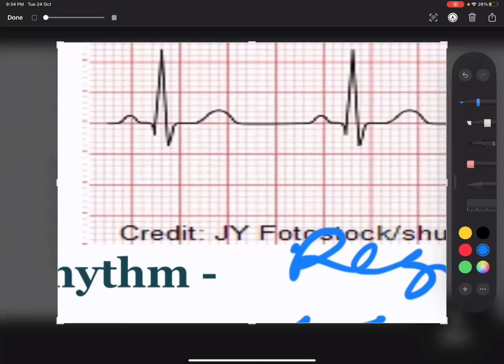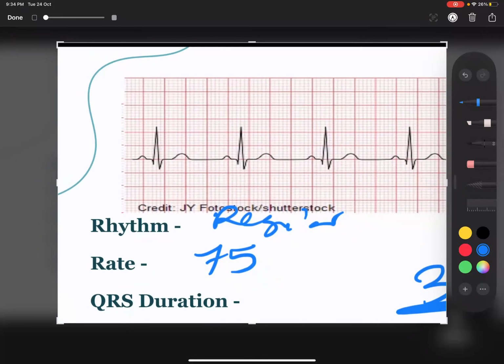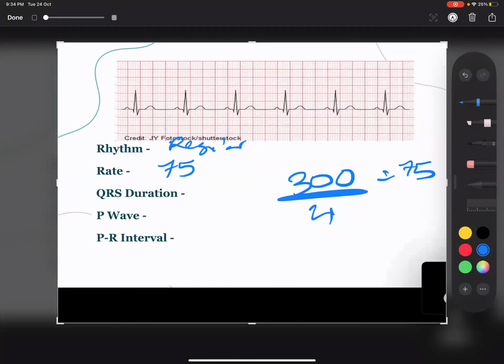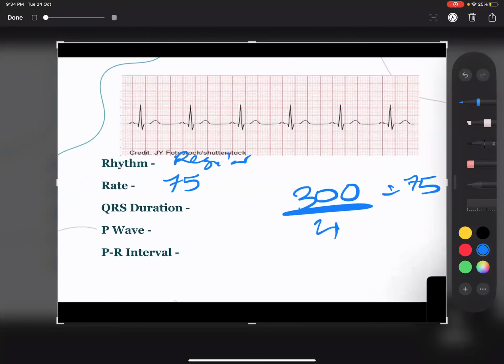It's usually 2 tiny boxes, or up to 3. So we can clearly see that the QRS duration is normal. Now the P wave: do we always see a P wave before a QRS? Yes. Okay, so the QRS duration is normal, and the P wave is visible.